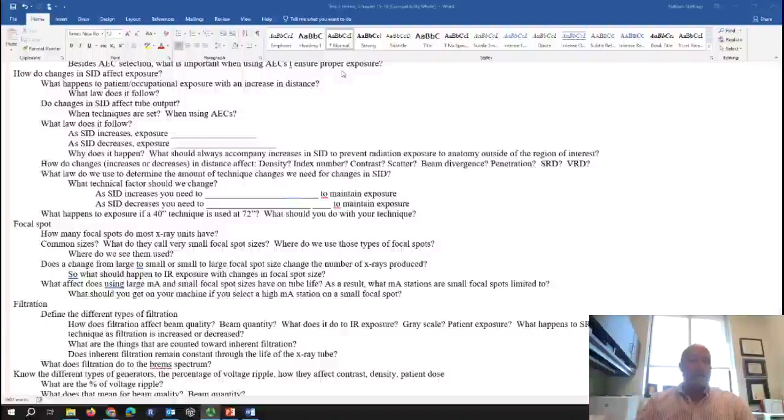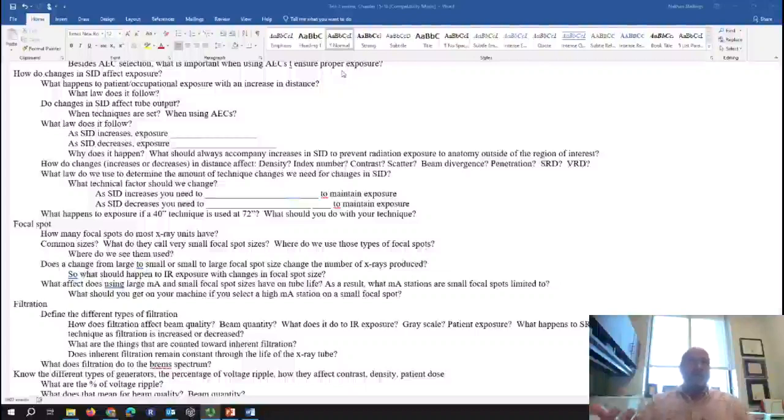With an increase in SID, you don't get a decrease in image receptor exposure because the tube put out fewer photons. It's just that they spread out. We collimated them off the image receptor, and the anatomy of interest is catching and transmitting fewer photons.